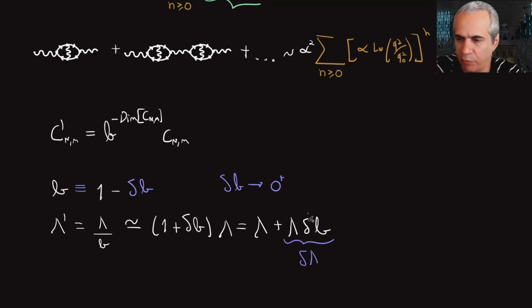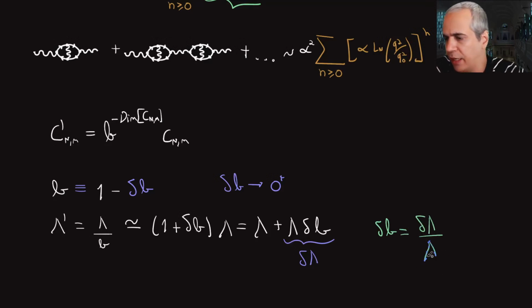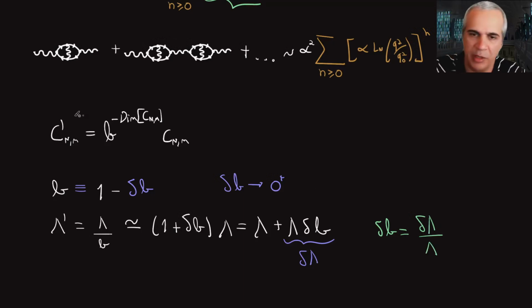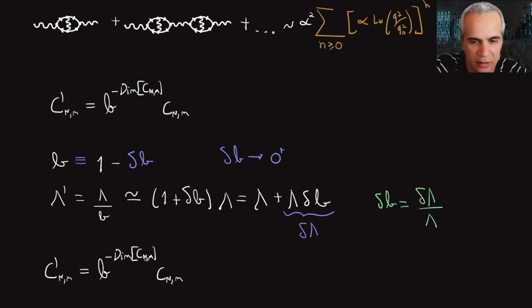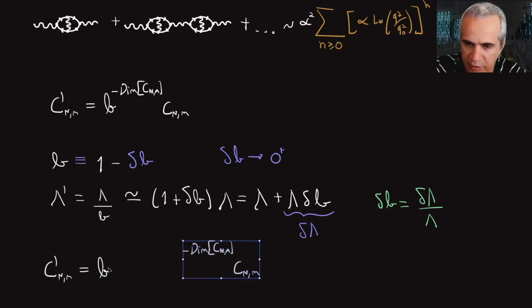And then just comparing these two, I get one of the expressions I need, which is that delta B corresponds to delta lambda over lambda, right? And now what can we do? We can go back to this expression and use these definitions, and write this thing in this way. Let me just move this to the right a little bit. I just put 1 minus delta B right here.